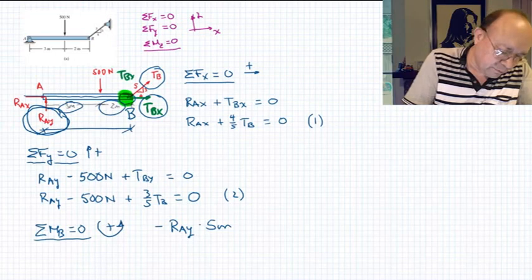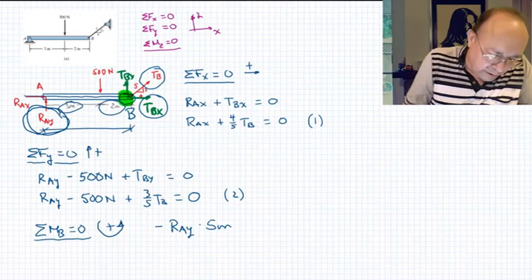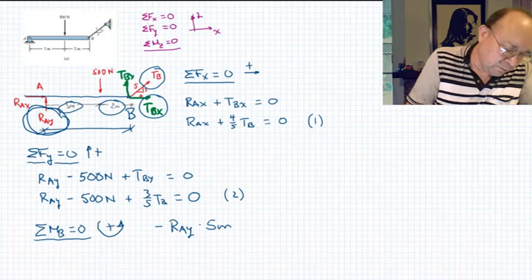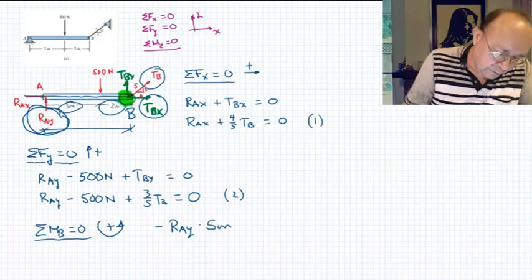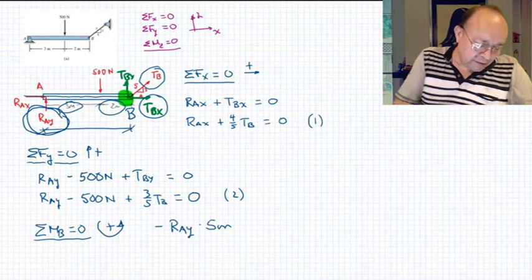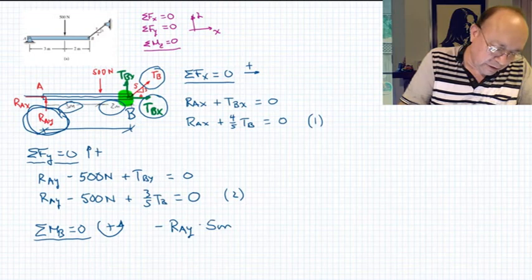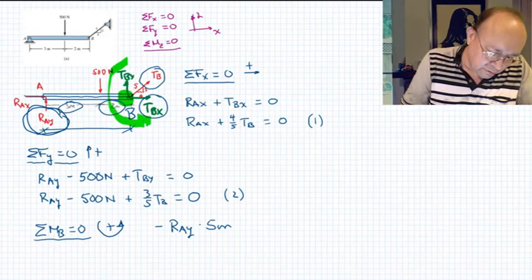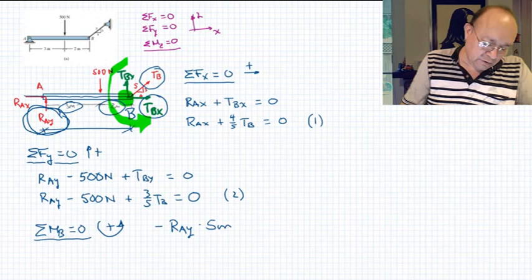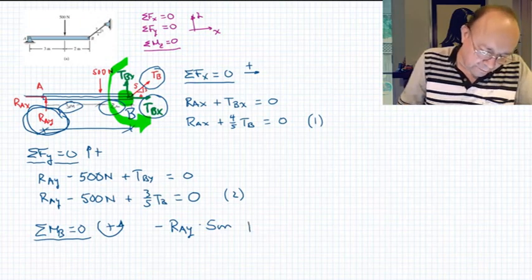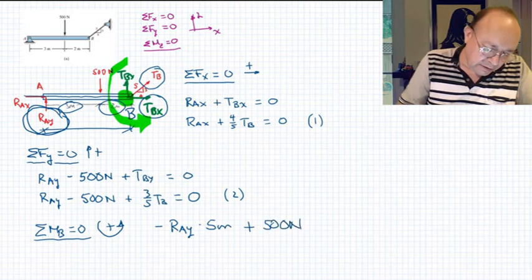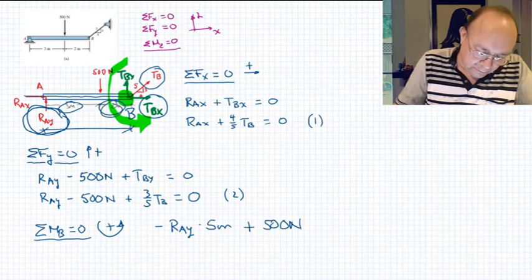Now we have another force that produces moment with respect to point B, the force of 500 newtons. That force produces moment in this direction, so it's counterclockwise. So that moment will be positive, and it will be 500 newtons times the distance, that will be 2 meters.